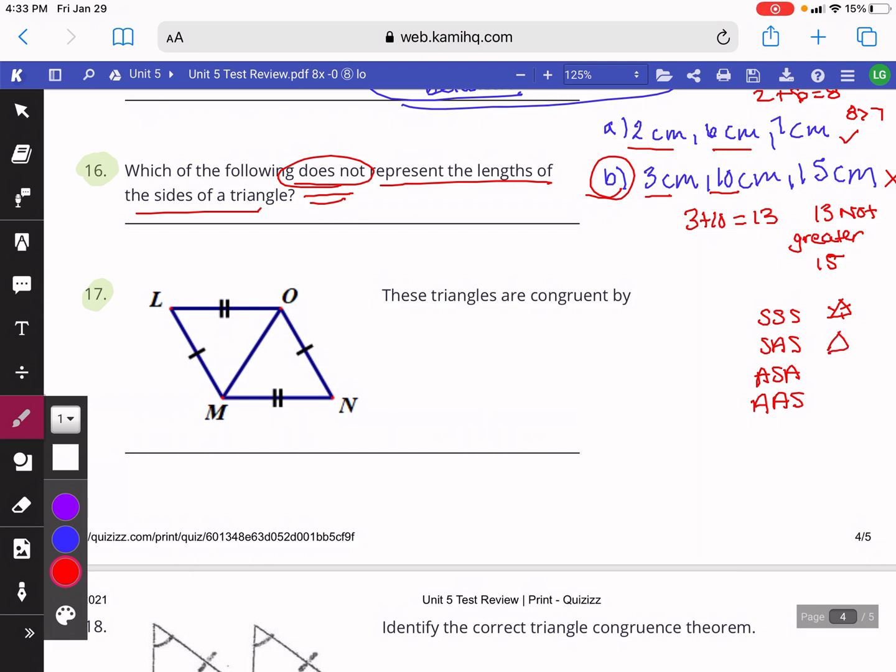For side, angle, side, you would have an angle in between two sides. For angle, side, angle, you would have an angle, side, and angle congruent all on the same side. And for angle, angle, side, you would have two angles and a separate side congruent. So here, since this is a common side to both, this one's also congruent. So this one is showing side, side, side.